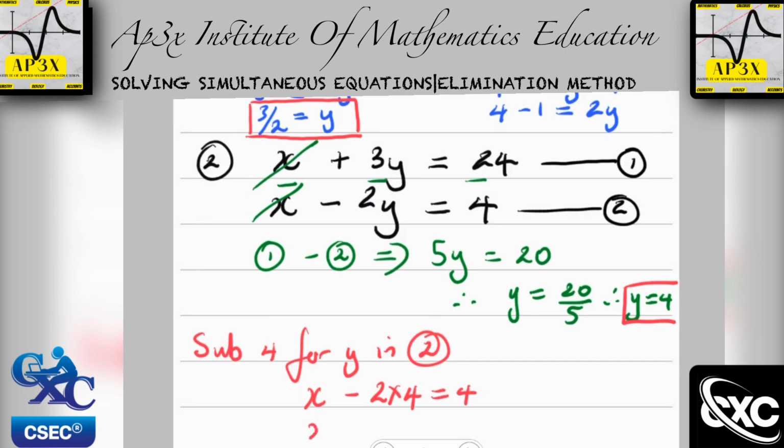And so x minus 2 times 4 is 8, and it's equal to 4. Now I end up with a very simple linear equation here, where all I have to do is just bring the 8 all the way on this side here. And I'm going to end up then with x being equal to 4 plus 8. It ends up that x is equal to 12. All right. And that is my final result.